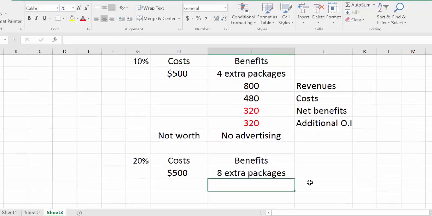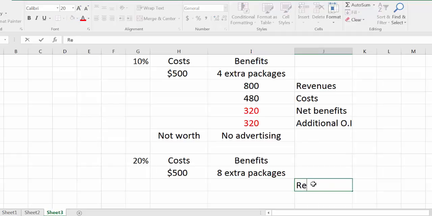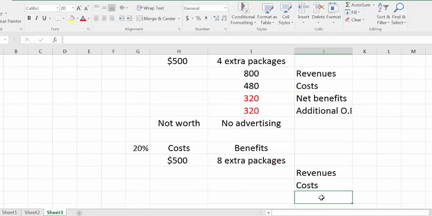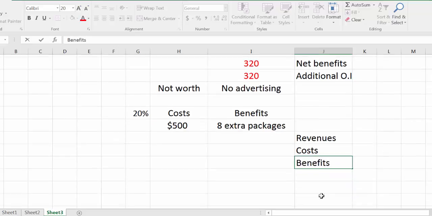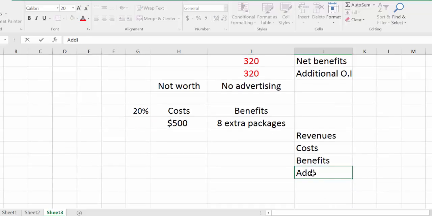So similarly, we have revenues, the costs, and net benefits.